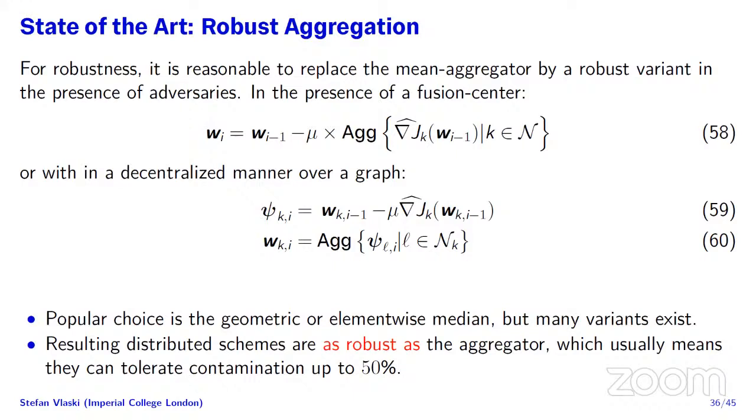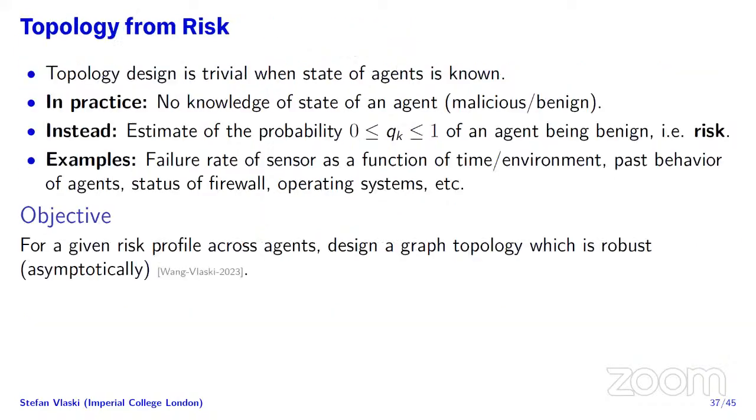And so this again goes to this idea that exploiting the fact that there's an underlying graph can actually give me improved performance compared to a fully connected or to a centralized solution. So what's the more formal objective here? Of course, if we know the state of the agents, the problem of designing a topology is quite trivial because we can just connect everyone who is benign.